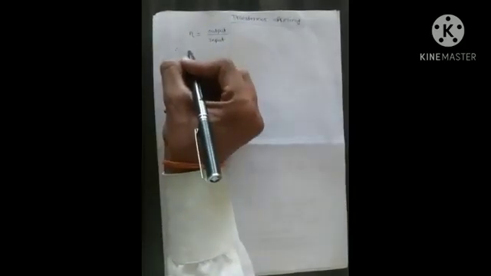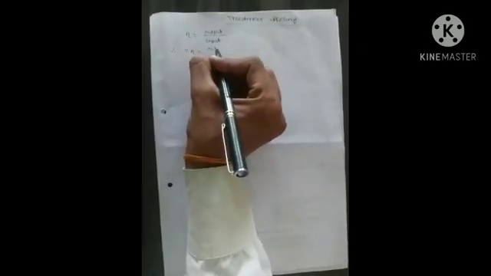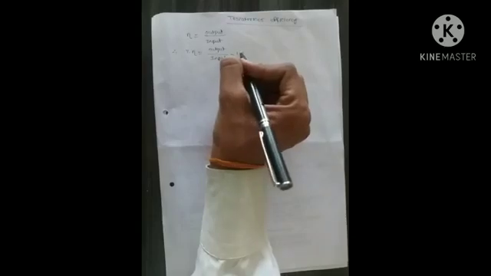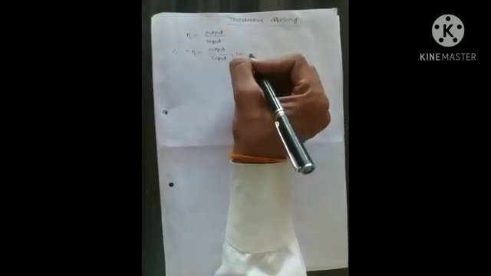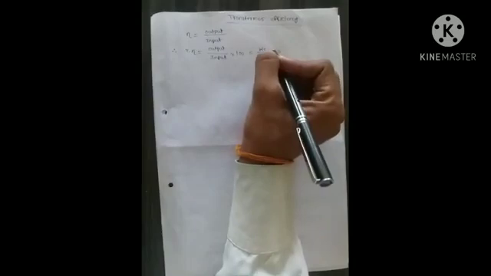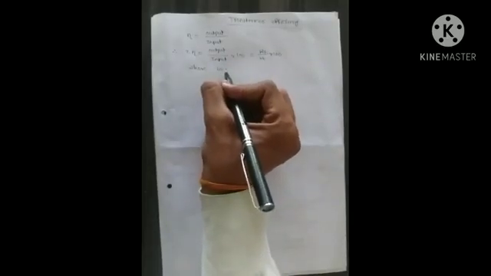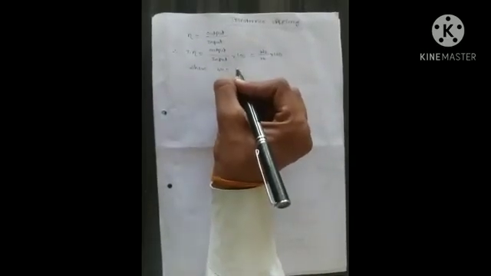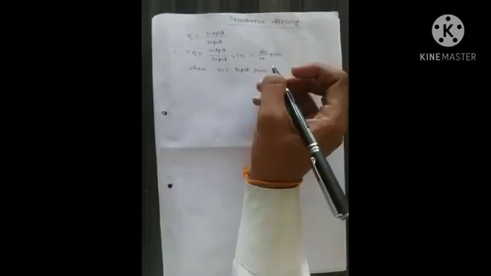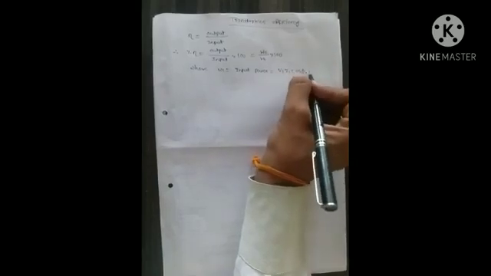Therefore, percentage efficiency equals output upon input into 100, or we can write W2 upon W1 into 100, where W1 means input power, or we can express it electrically as V1 I1 cos phi 1 watt.